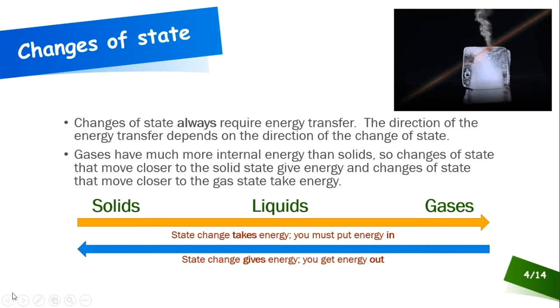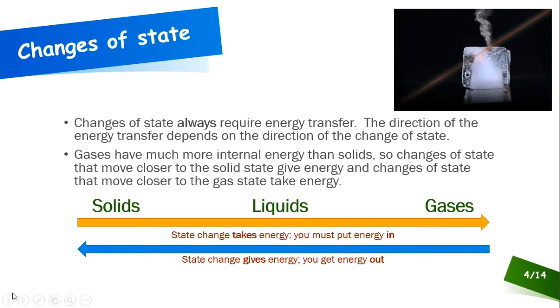Notice this is from the perspective of the surroundings. So you've got the system that's experiencing the state change, and then the surroundings is everything outside the system. So from the perspective of the surroundings, if you've got a state change that takes energy, where's that energy coming from? Well, it's coming from the surroundings. This comes from the surroundings into the system.